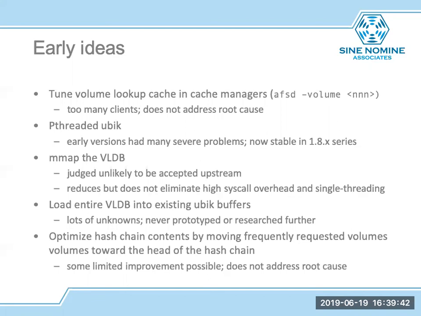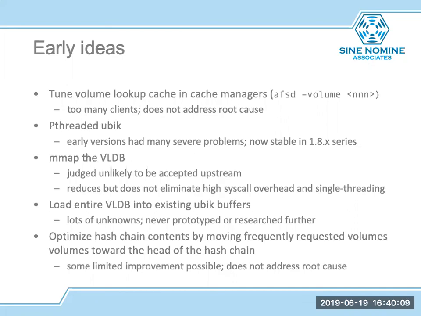The problem at this site is that they were one of the first early adopters for the early versions of P-threaded UBIC, and it had many severe problems, many bugs, many production outages due to these early P-threaded UBIC implementations. And so it's a case of once bitten, twice shy, and P-threaded UBIC would be a hard sell for this particular site.